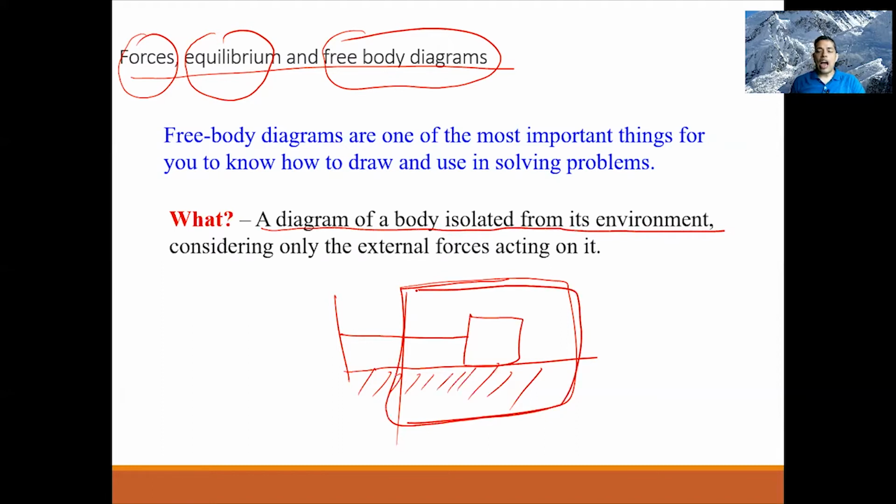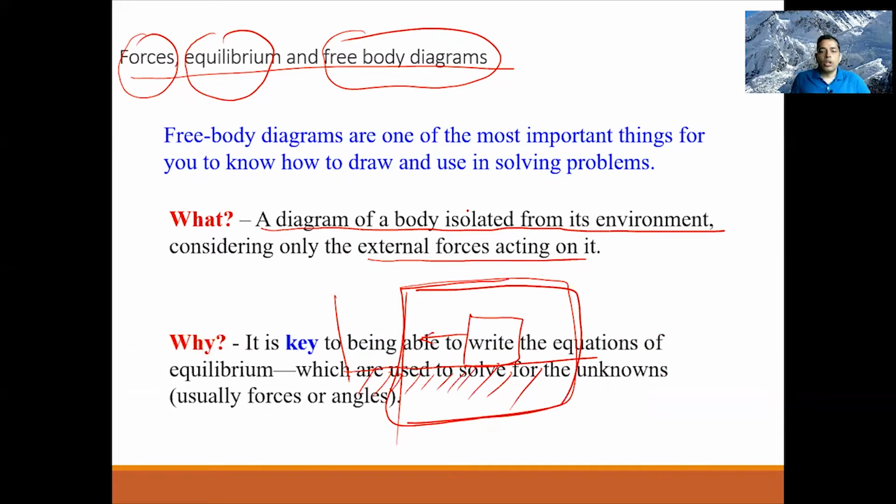But remember, while you isolate, you have to consider the external forces acting on it. Even though you cut the rope, you cannot ignore the force due to the rope. This is the force due to the rope, which is the tension force, right? Tension is also a force.